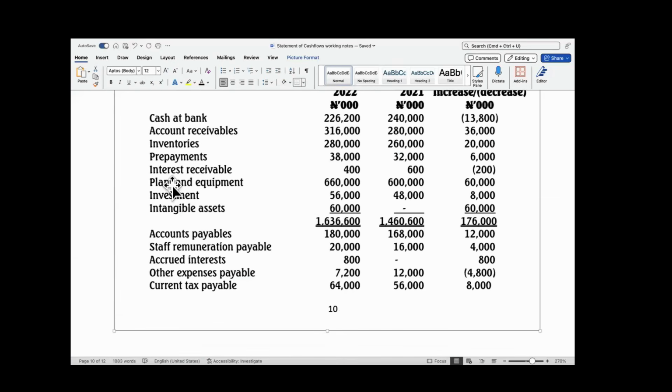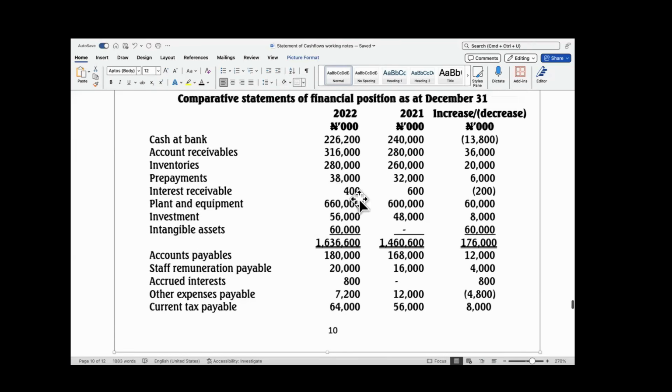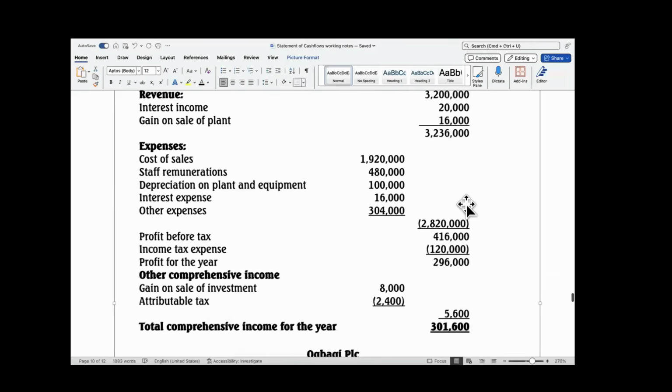First, this is my plant and equipment, investments, intangible assets. All of that will definitely affect my investing. So my plant and equipment first, it's increased by 60,000. So that's an acquisition for the year.